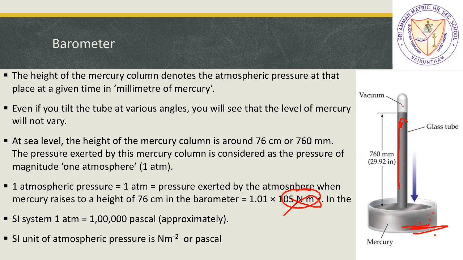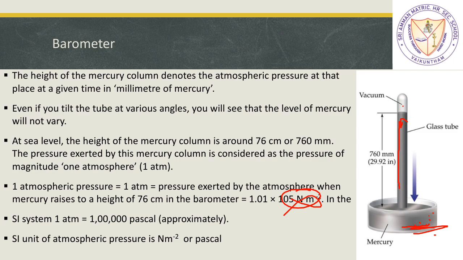So this was about pressure exerted by air. When we talk about pressure exerted by air, we talked about atmospheric pressure and how we define it, what an atmosphere is, and then we talked about an instrument used to measure atmospheric pressure, that is the barometer.